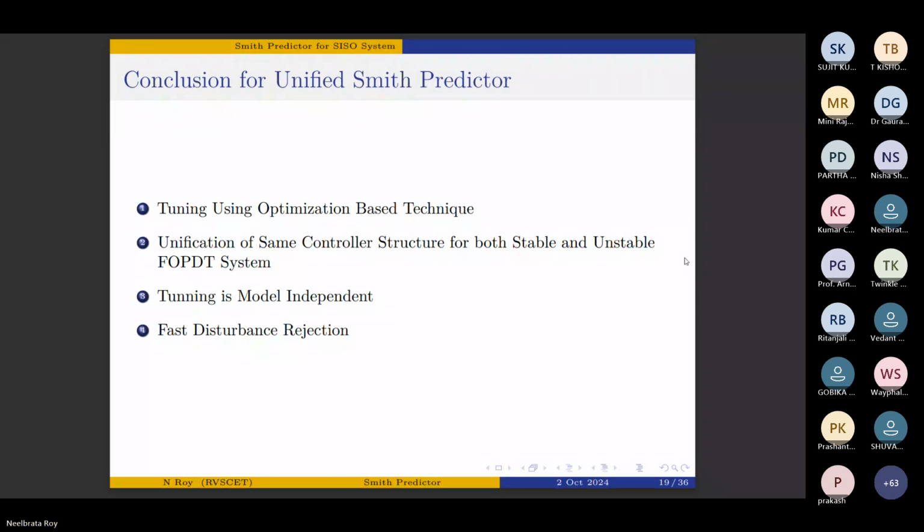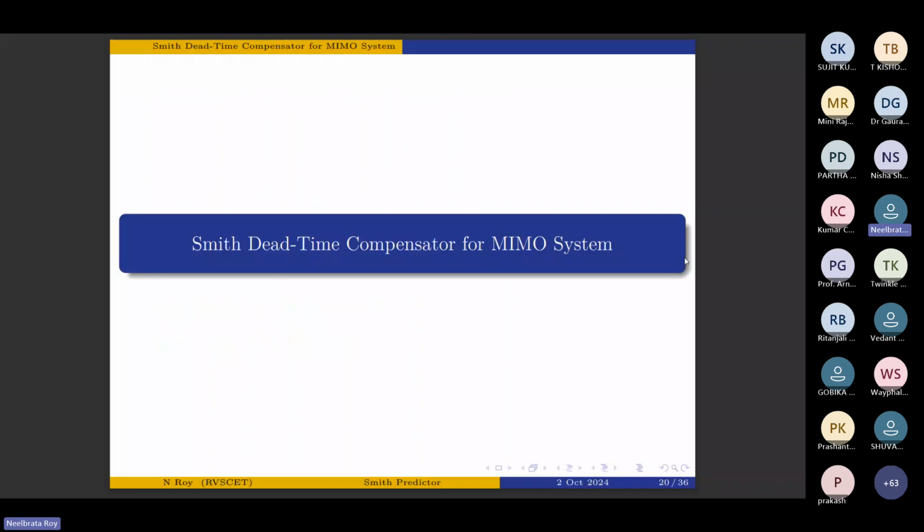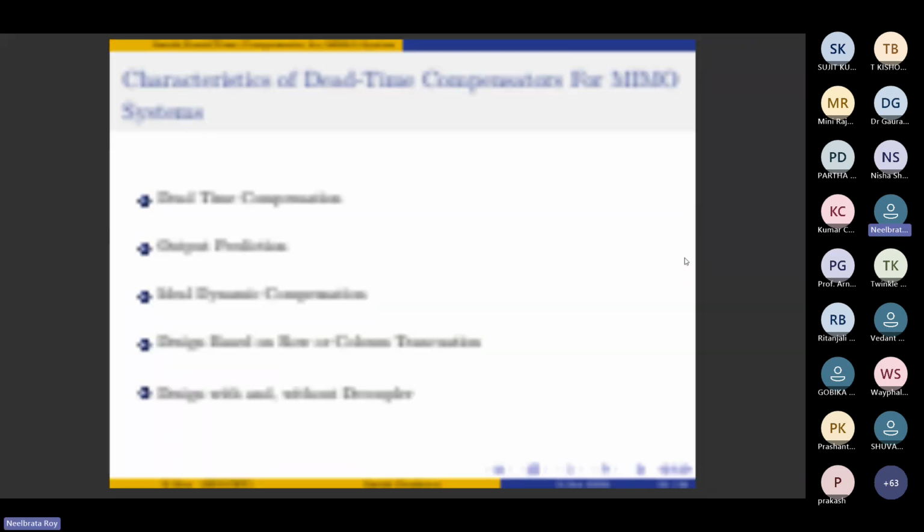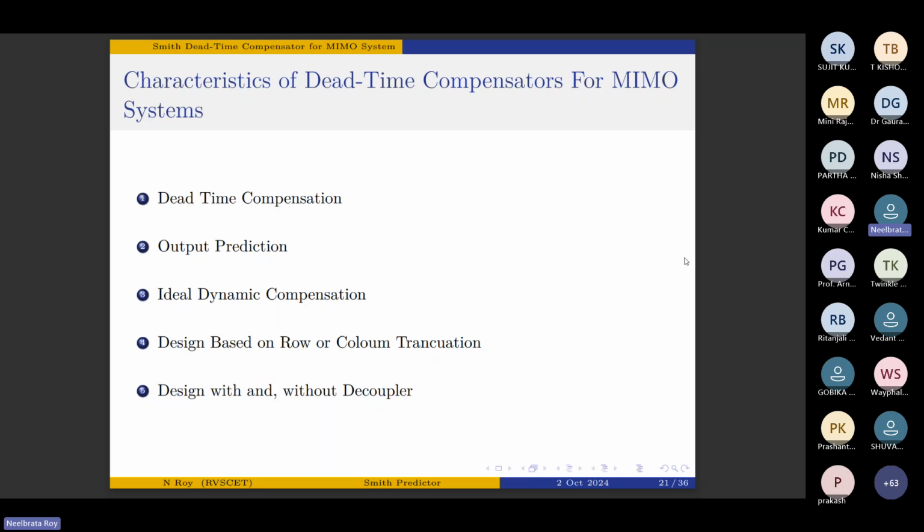So next we will go to dead time compensators for MIMO systems. The main characteristics of dead time compensators are, first, dead time compensation, which means removing the delay from the denominator of the characteristic equation.